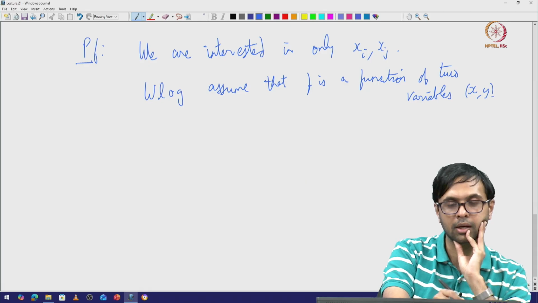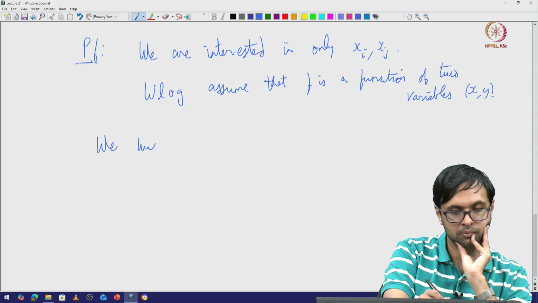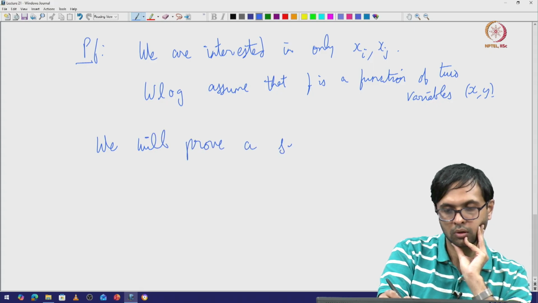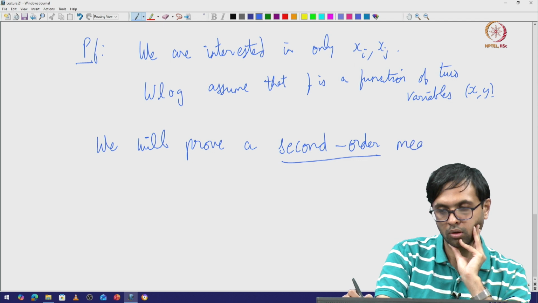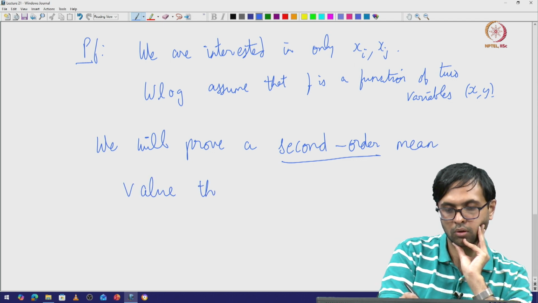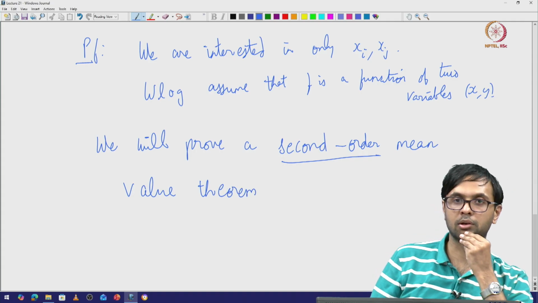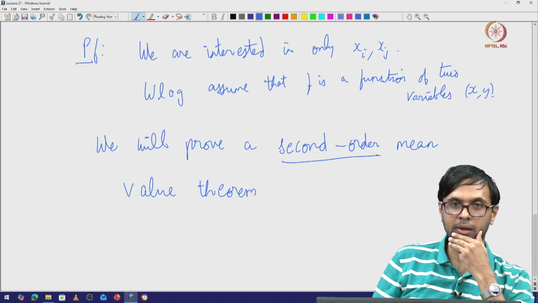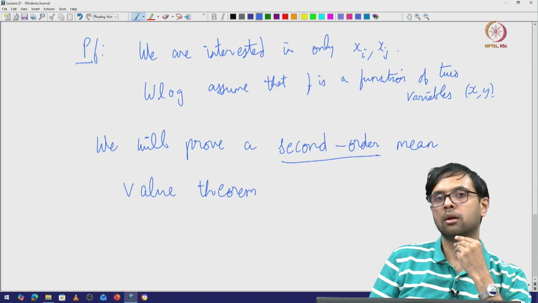So the key idea here is to prove a second order mean value theorem. Sort of like a Lagrange mean value theorem, but for second derivatives in a sense. Okay.